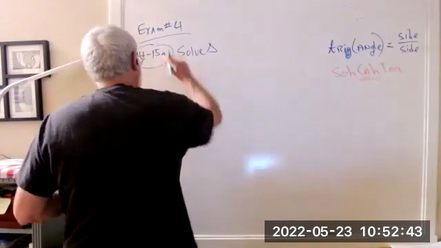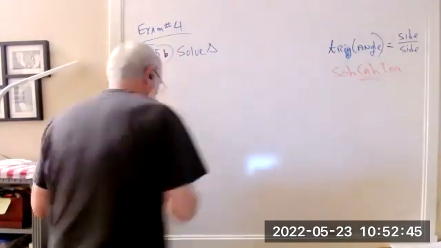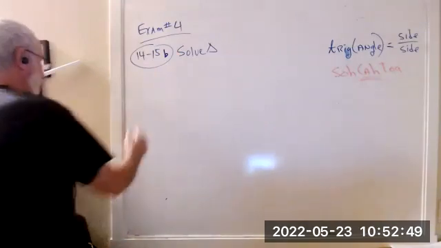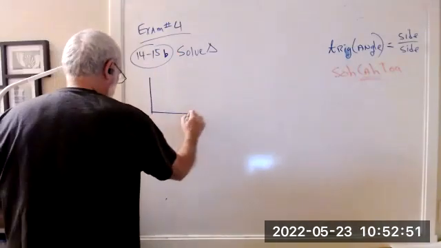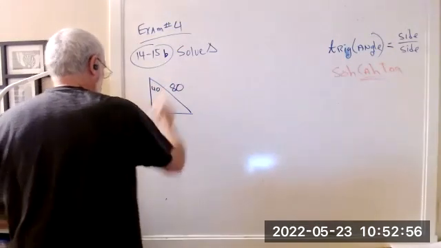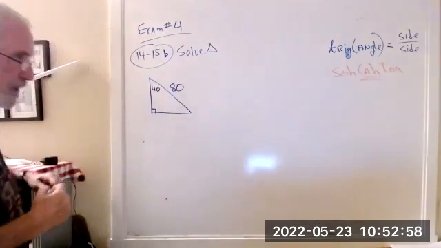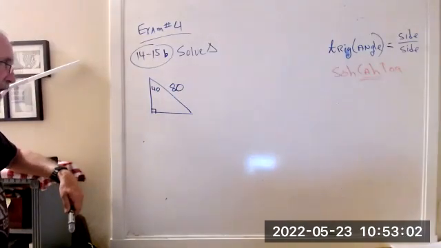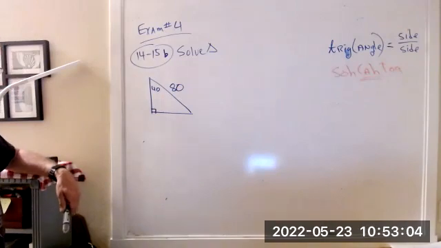Okay, it was letter B, and it was 40, 80, and a right triangle. So we have this picture. Okay, be lazy. We're supposed to find all the missing sides and all the missing angles.